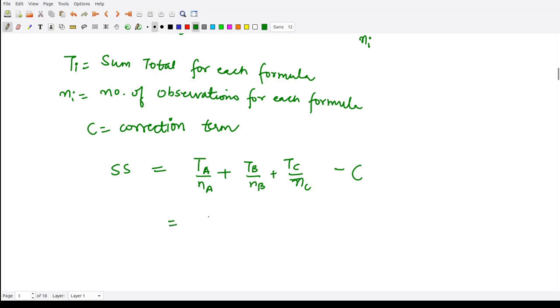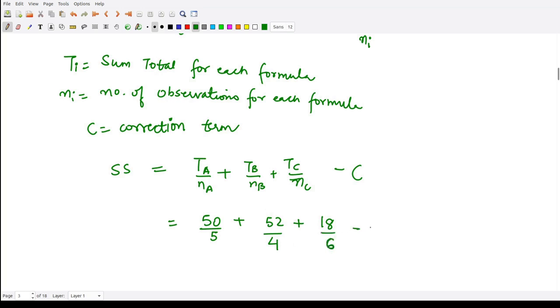So TA we calculated to be 50, TB 52 and TC 18, divided by NA is 5 observations, NB is 4 observations, and NC is 6 observations.